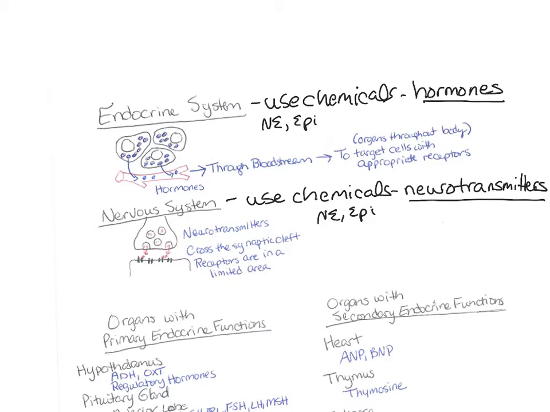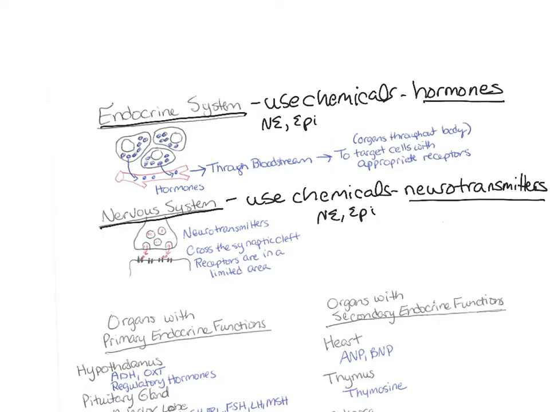Both of these systems also coordinate and regulate other cells and other tissues, organs, and other systems. So really, the endocrine system and the nervous system, those are the two systems of your body that run your entire body. They control your entire body.